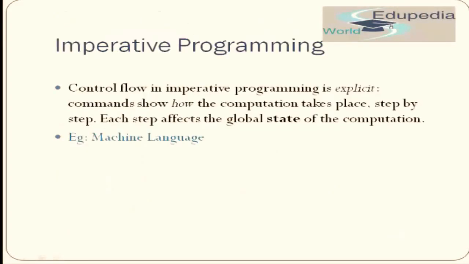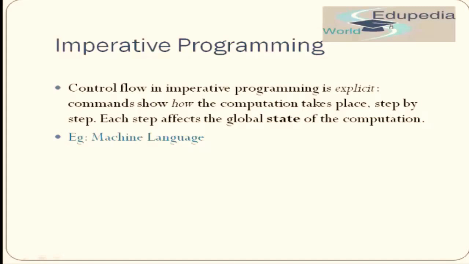Okay, so first one we are going to study is imperative programming. In imperative programming, the control flow is explicit. You have to explicitly define that this is going to execute in a way like statement 5, statement 6, statement 7.